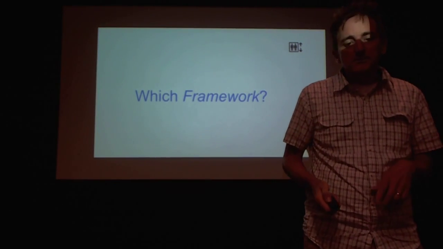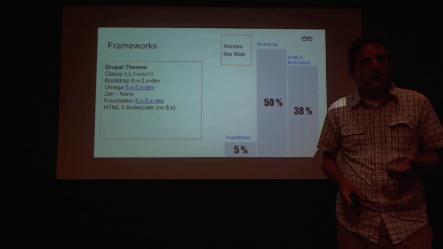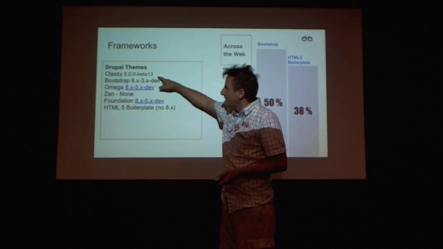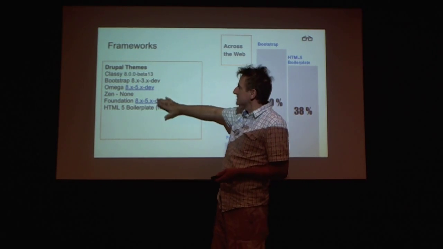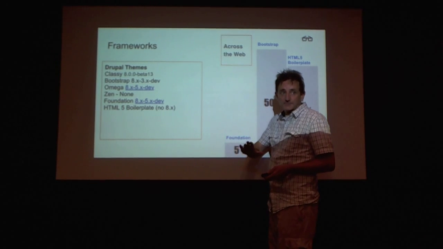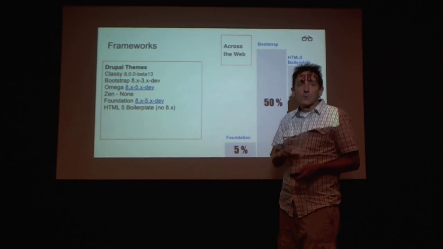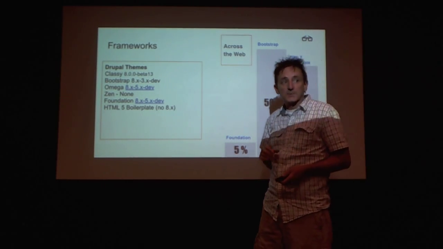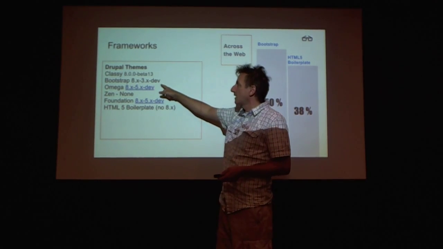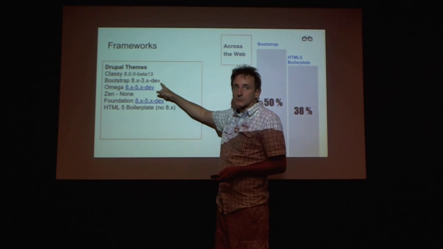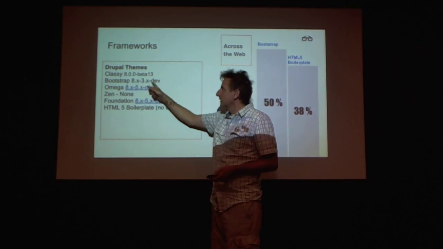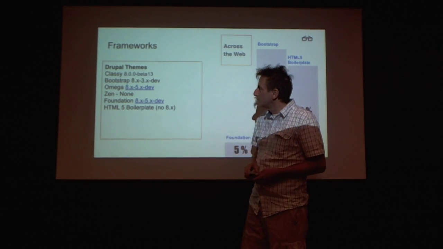So which frameworks? Let's talk about what frameworks are currently out there for Drupal 8. I'm not sure I got them all, but hopefully this is a good listing. Classy is the base theme for Drupal 8. Some of you have seen Morten do his presentation about Classy. It's a wonderful theme. Bootstrap is apparently not ready yet, and that's what they're saying on the Bootstrap Drupal page, 8.3, but it's still sort of broken.